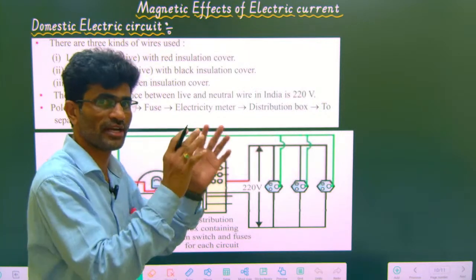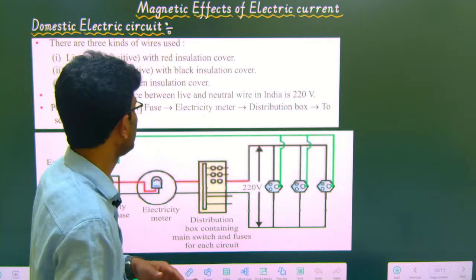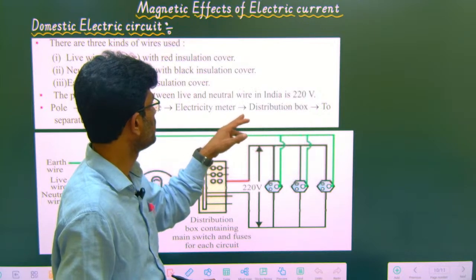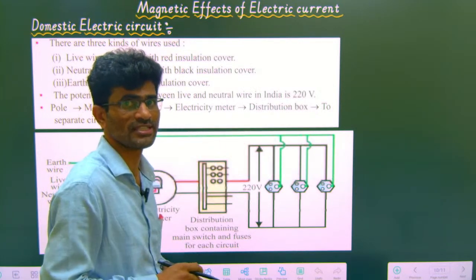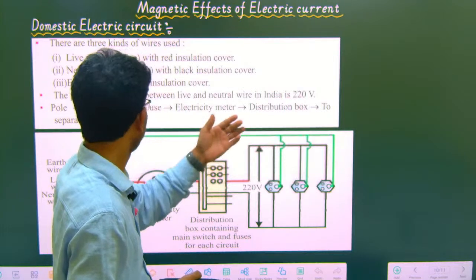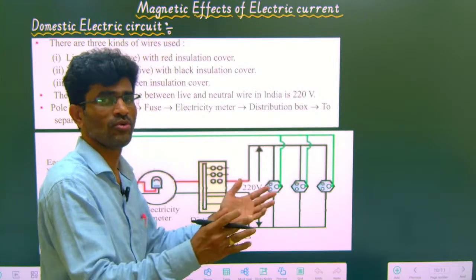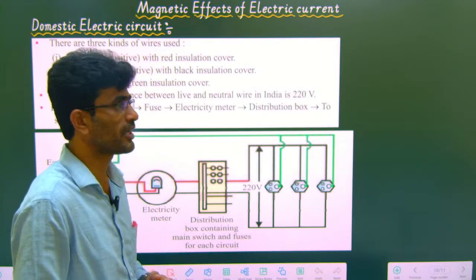After the fuse there will be an electric meter to calculate how much electrical energy is used. Then the distribution box. After the electric meter there will be a distribution box inside the home. From there it will be sent to different electrical appliances.